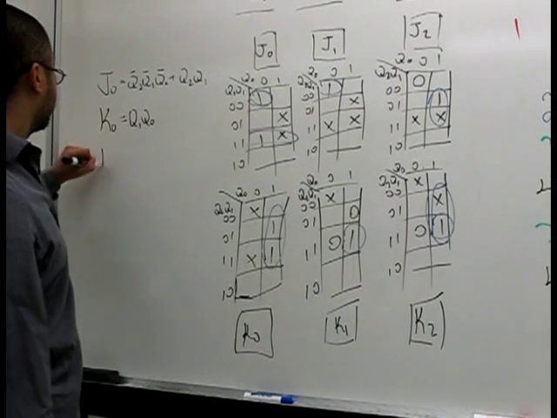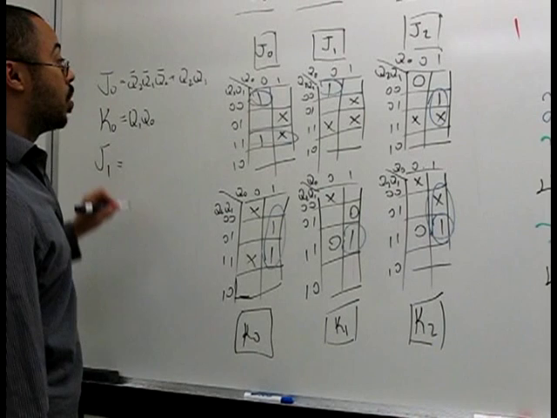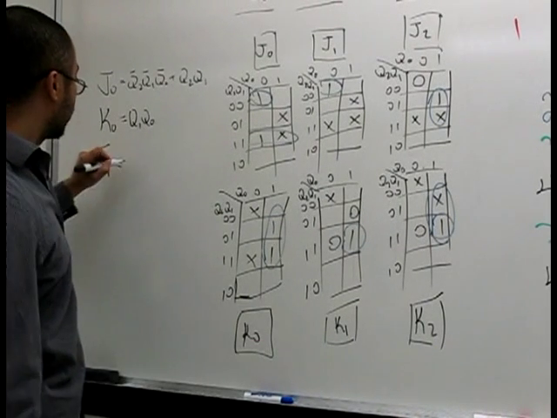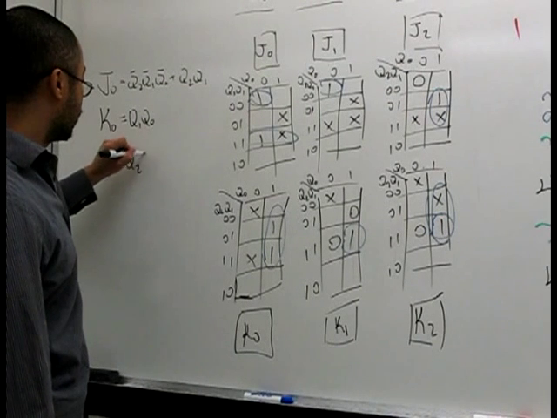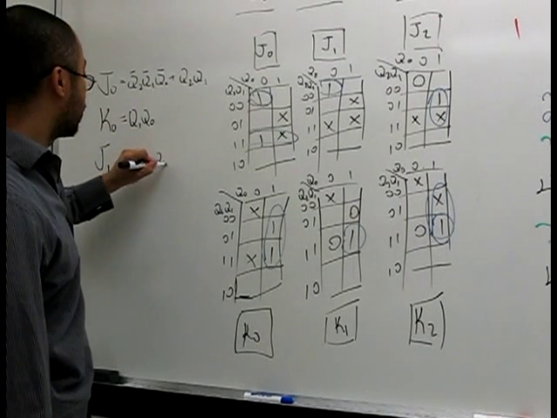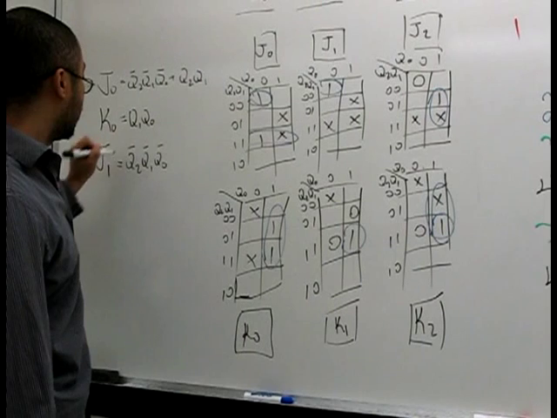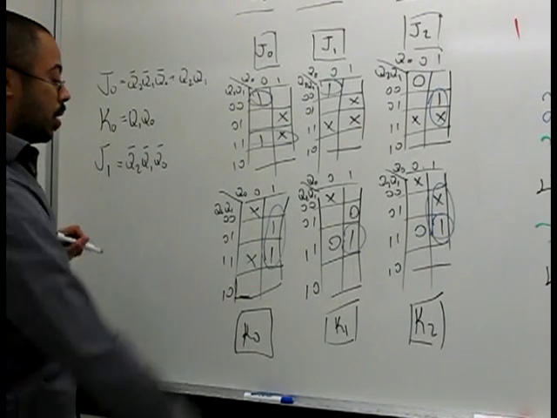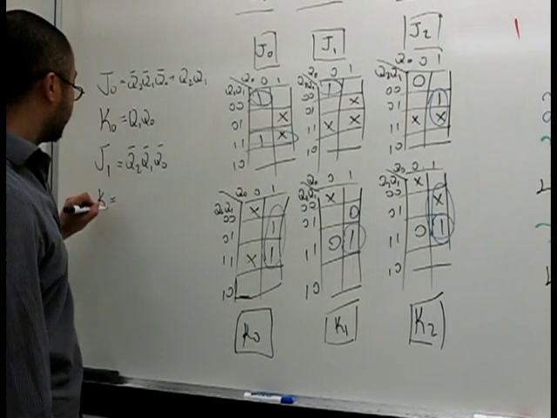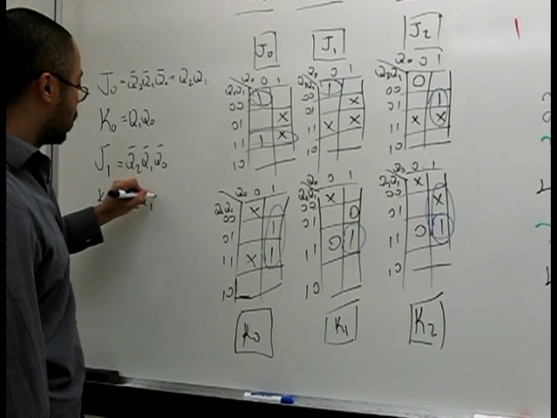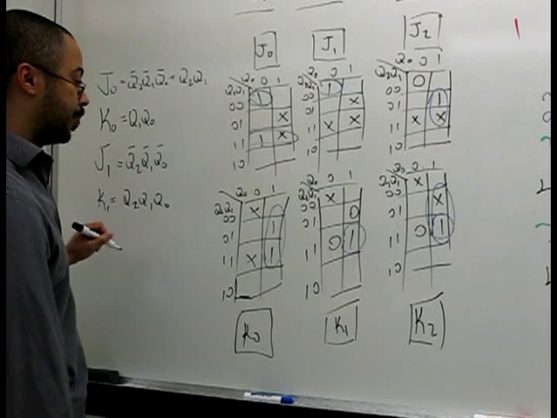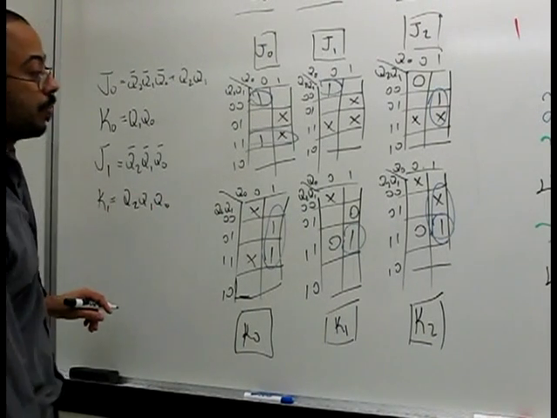Alright, J1 equals, it's only a 1 circled, so no simplification there. Q2, Q1, Q0, not. And then K1, Q2, Q1, Q0, true.